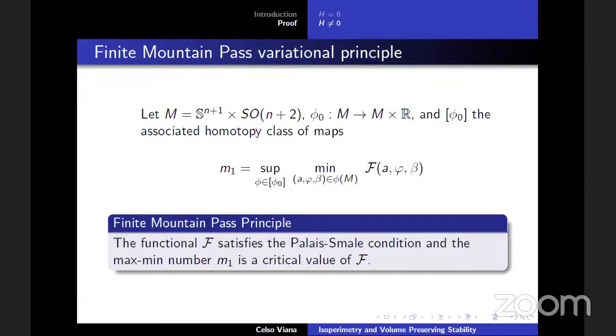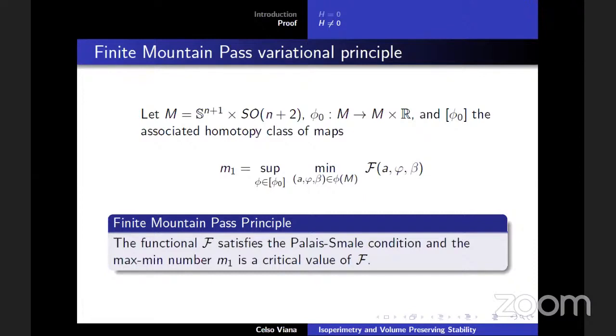It guarantees that you can extract a convergent subsequence for that sequence. And if that is true, then the standard mountain pass type argument will imply that this number M1 is a critical value, okay?